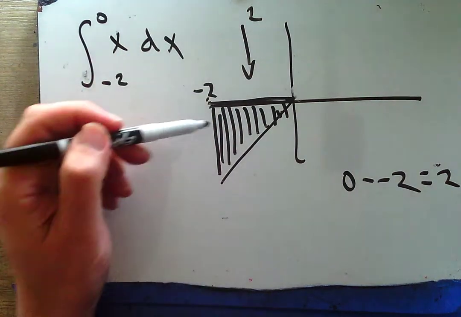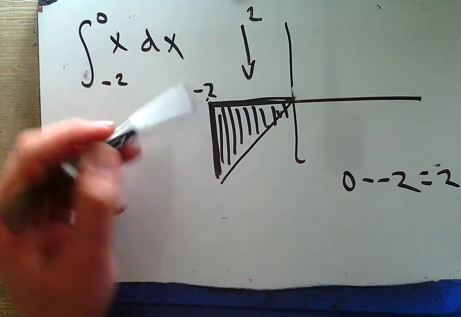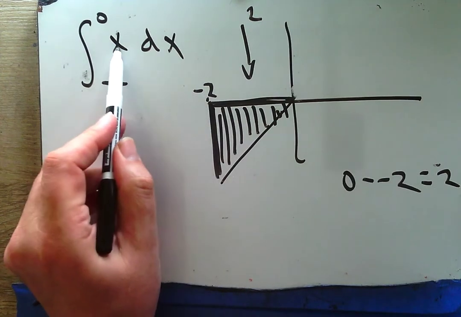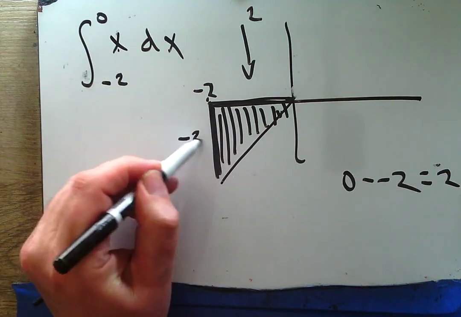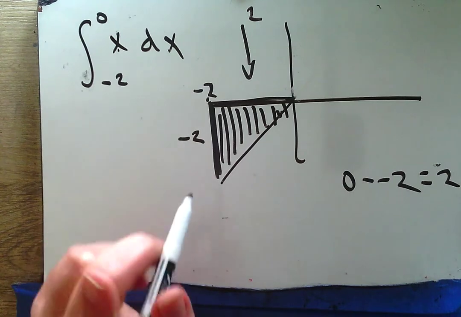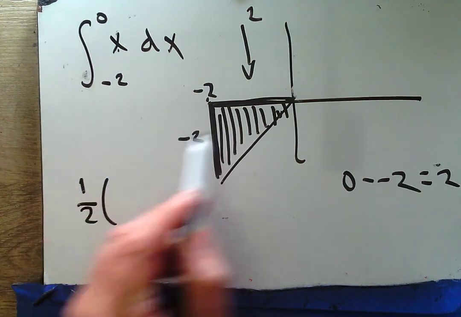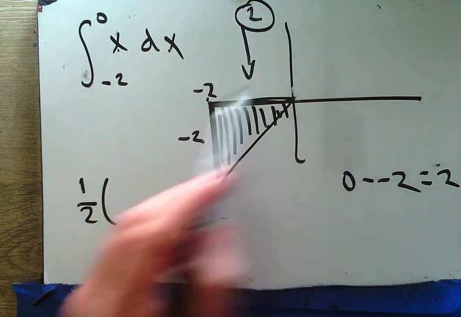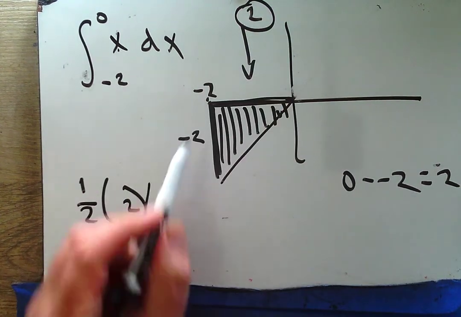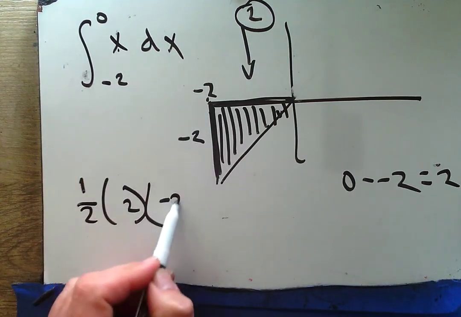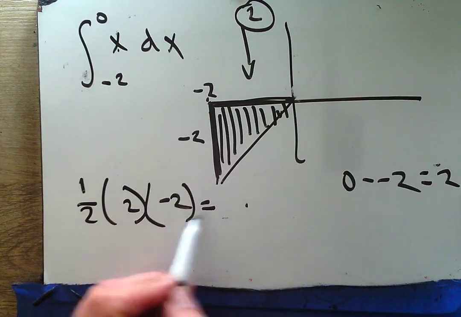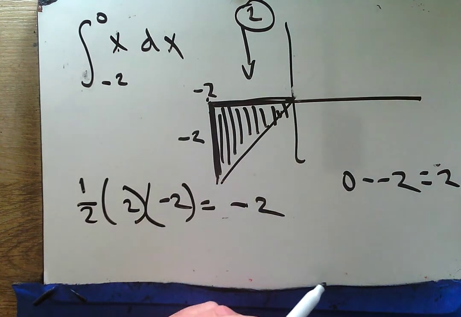But this, if I take this negative 2 and plug it into the function, that's negative 2. So I have a triangle. Base is 2, and height is -2. So I get the value of the integral to be -2.